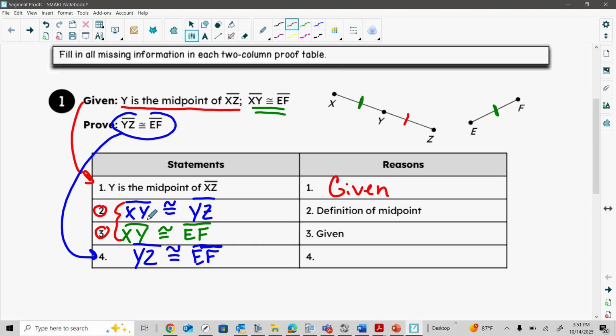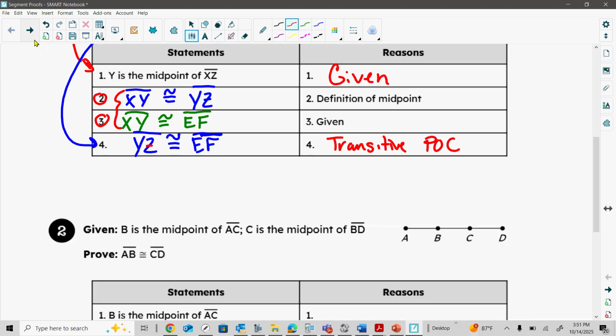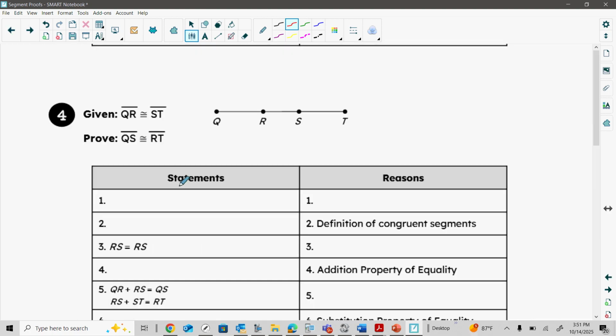So I can take out the common piece and be left with YZ is congruent to EF. That would be our transitive property of congruency, POC.